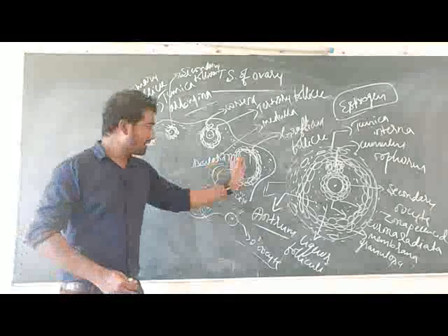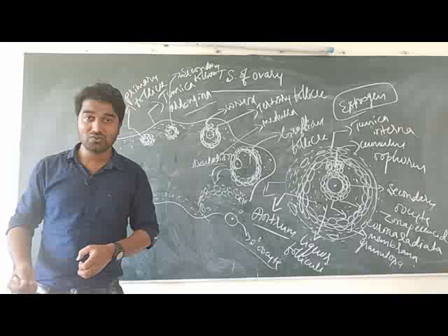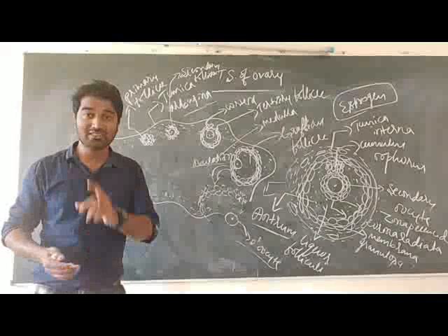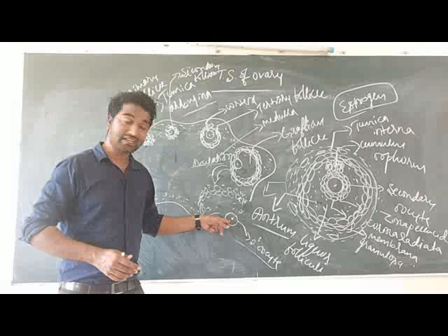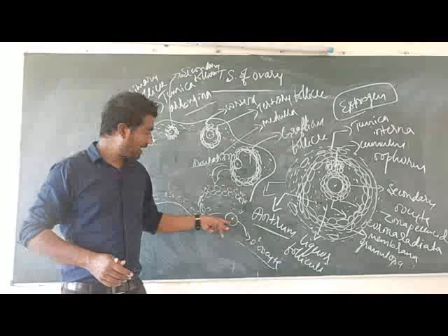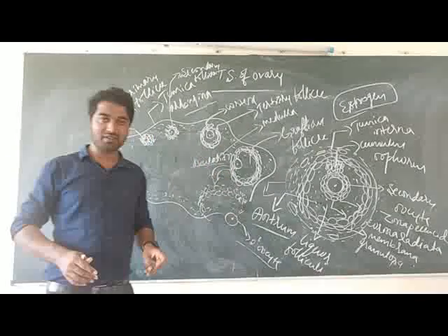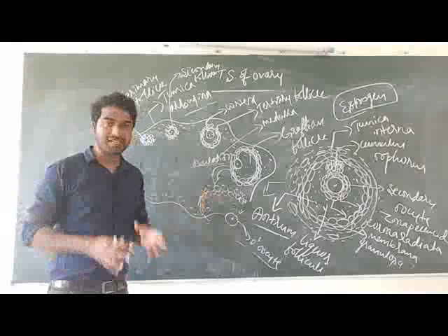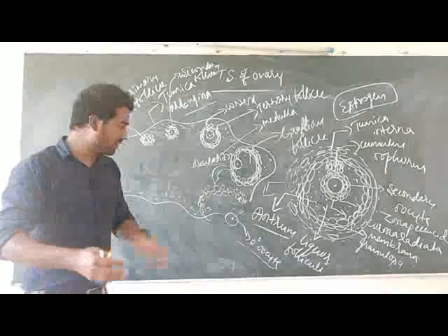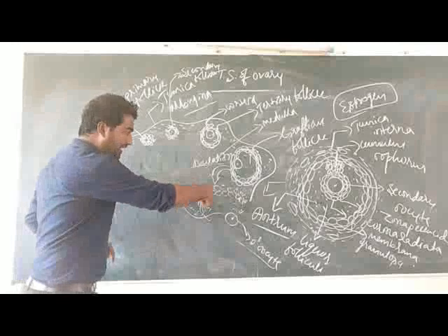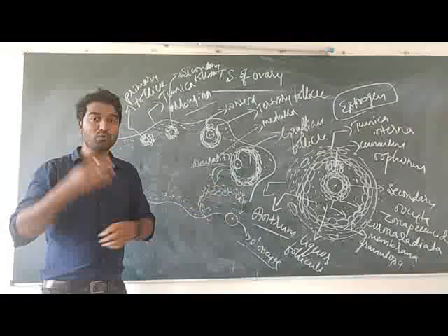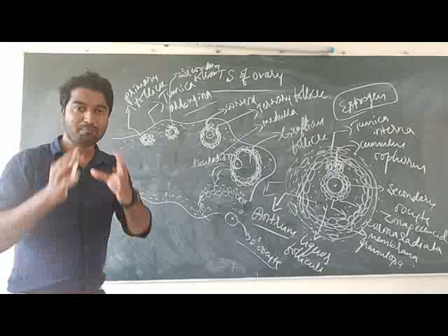That means the matured Graafian follicle undergoes ovulation, gets ruptured and releases the secondary oocyte. And now this matured Graafian follicle becomes empty after releasing the secondary oocyte. Now this empty Graafian follicle is going to mature into the corpus luteum.